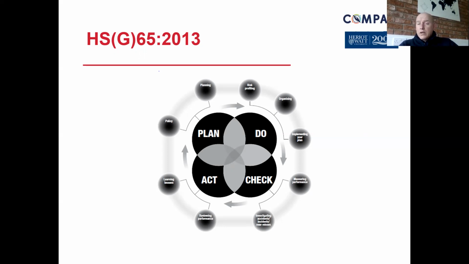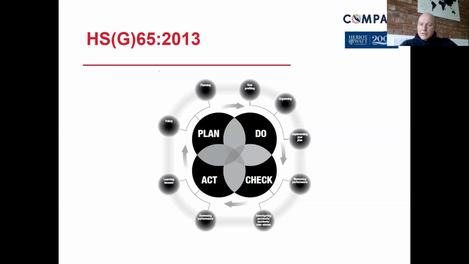And that total quality and continuous improvement philosophy came about with this cycle of Plan, Do, Check, Act. So all we've done in the health, safety and environmental area and the quality area is develop what was in place for total quality management systems, and tweaked it slightly to make it more safety management and environmental management compatible.